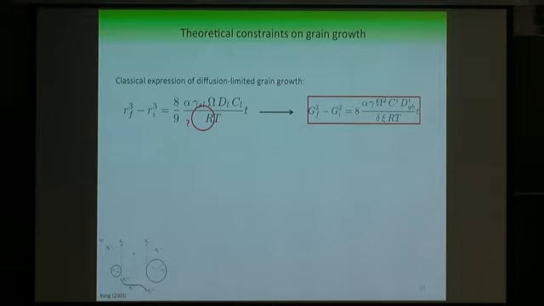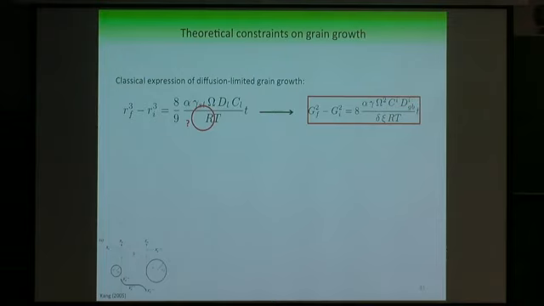Because if we're in the case of diffusion in the liquid, then we would expect the same kind of form as in grain boundary diffusion limited grain growth, where we have the grain boundary width in the equation.